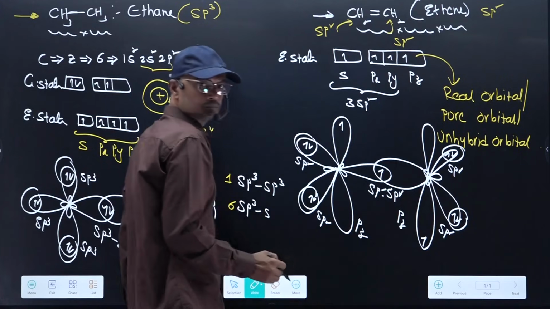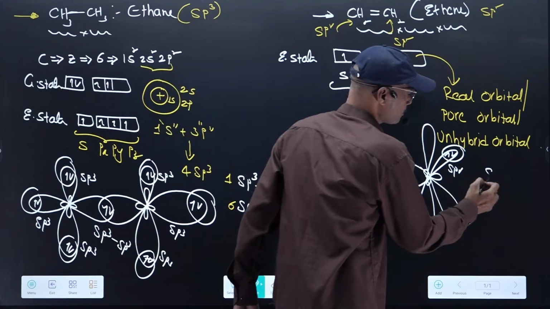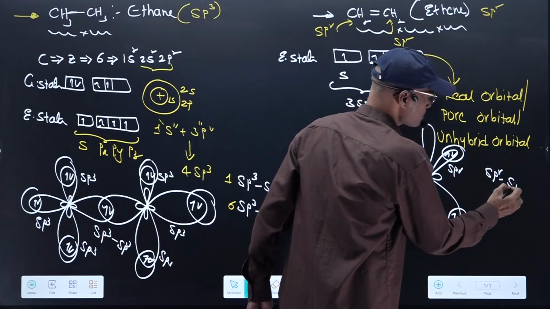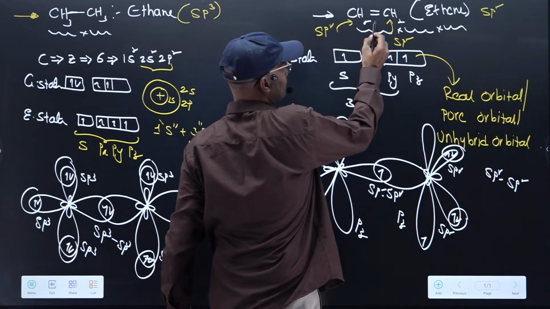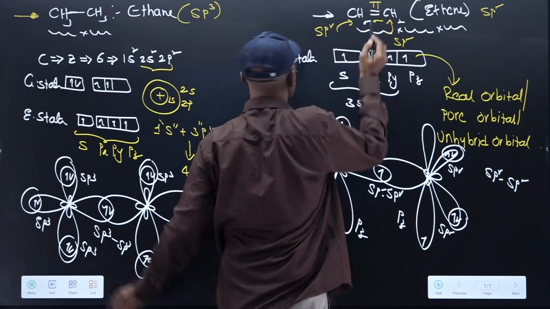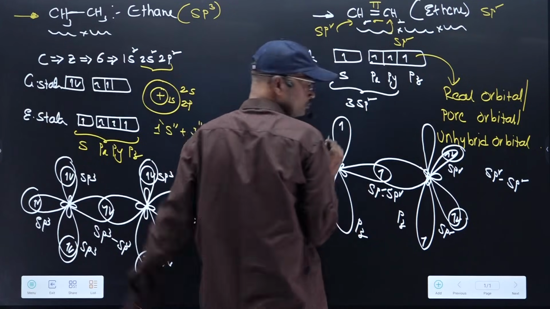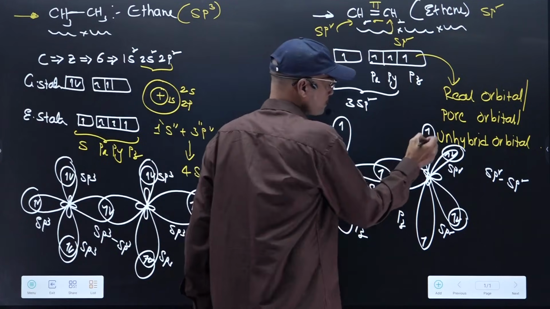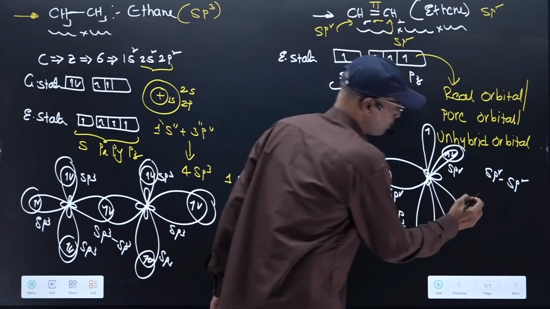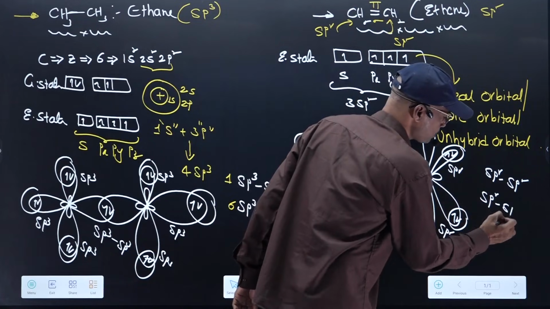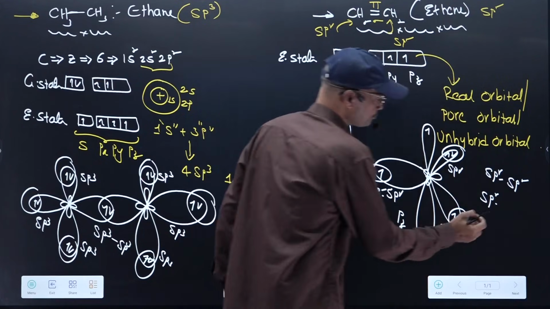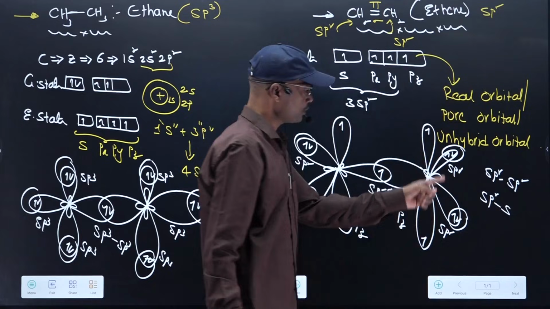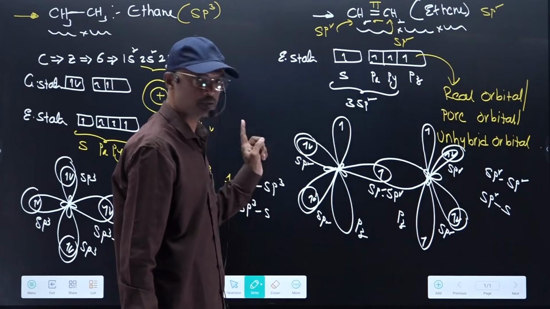Right? Now what kind of overlap is observed here? Between the two carbons, what is the kind of overlap? Is it a sigma bond? This is sigma. What about above? Pi. Is there any pi bond here? No. Here one more electron is present. Now one more overlap. What is the kind of overlap? sp2s, sp2s, sp2s, sp2s.